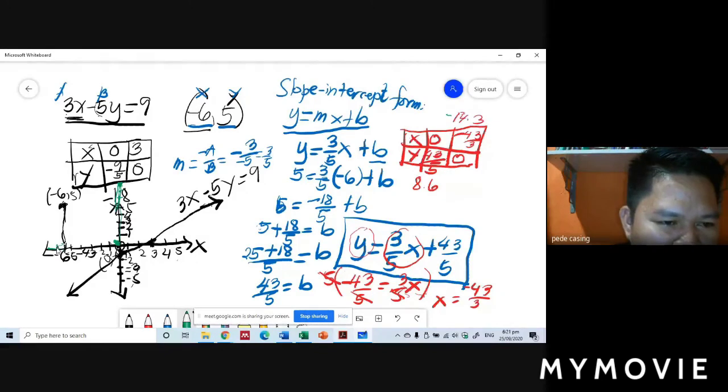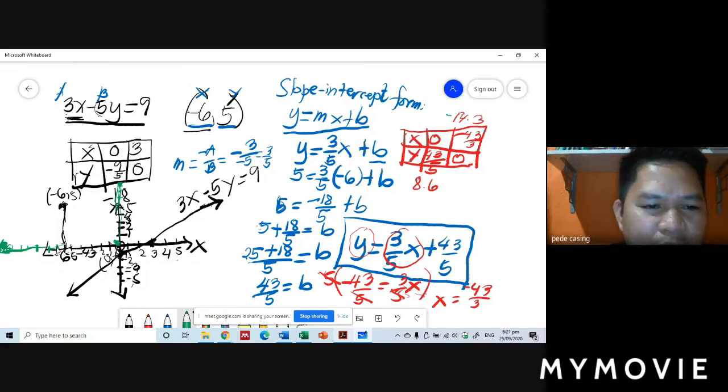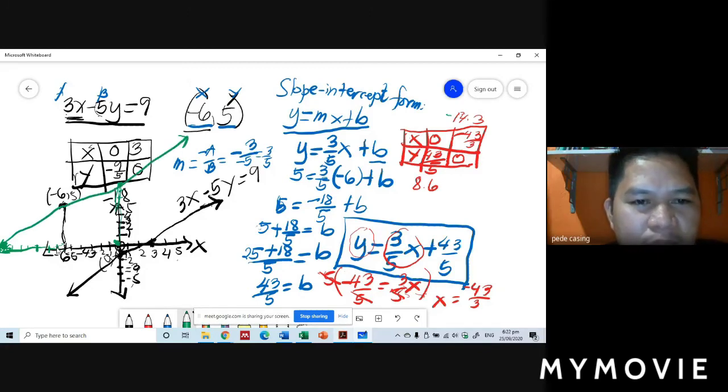So mag-add pa ta og negative 7, negative 8, extend na ta dinhi ang line, negative 7, 8, 9, 10, 11, 12, 13, 14.3 na lang dinhi assuming. Then diri ang point, negative 14.3, 0. 0 man ang y, so di na ta mag-move. Then connect na lang dayon ang points. Okay, parallel or not? Parallel ba siya ani nga line?